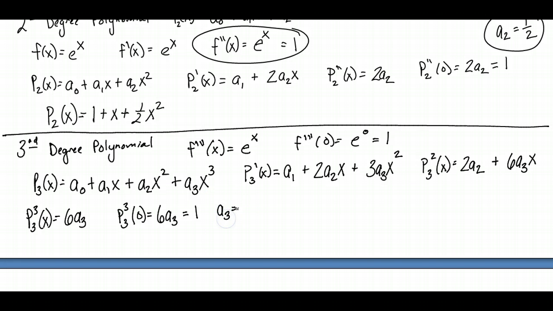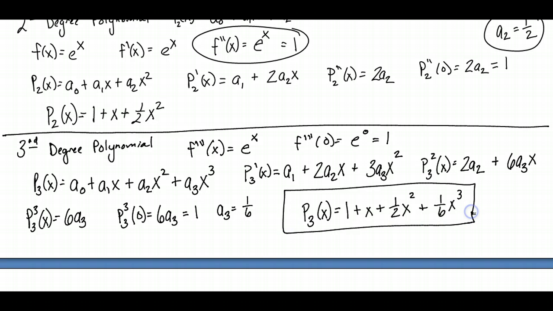Therefore, a sub 3 is 1/6. And from here you could predict, obviously, what the next, if you wanted to have a fourth degree polynomial, etc. But our third degree polynomial then, the terms stay the same, or the first three do: 1 plus x plus 1/2 x squared, and then we'd have our plus 1/6 x cubed.